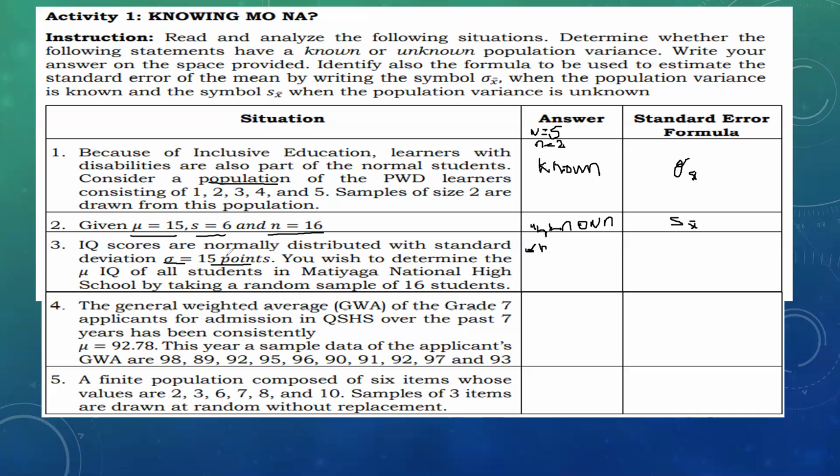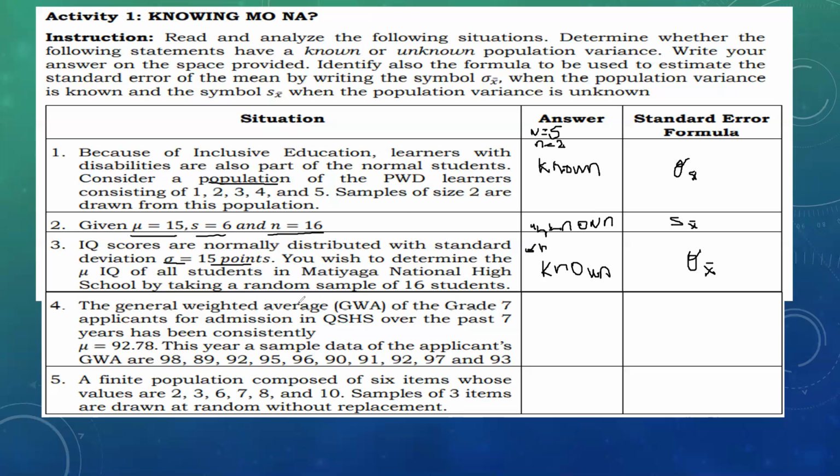So, that's 15 square, so that's 15 times 15, so our variance is 225. So this is known. This is Q of X known. Right? Clear po tayo. Next.